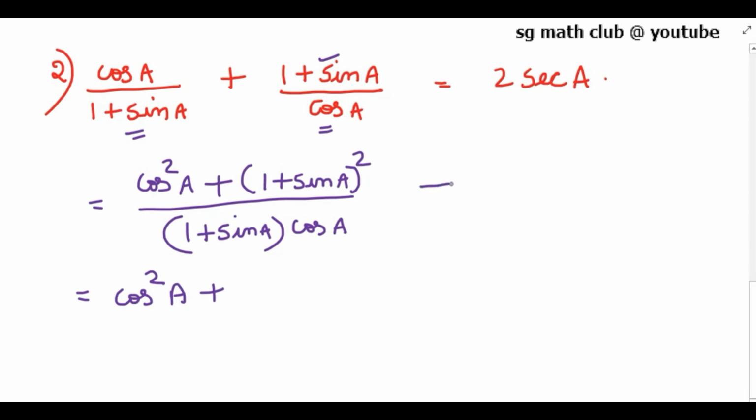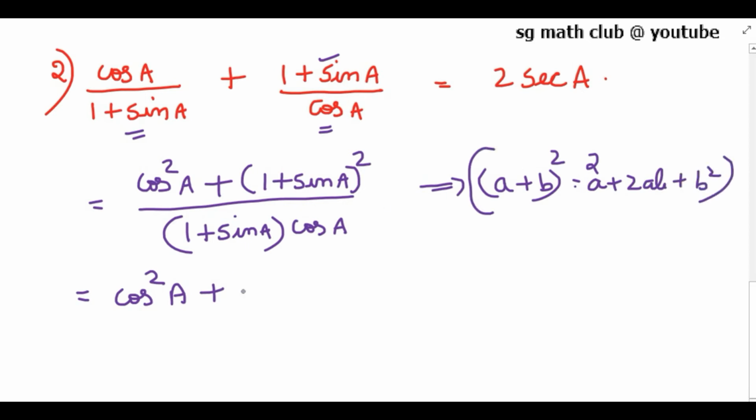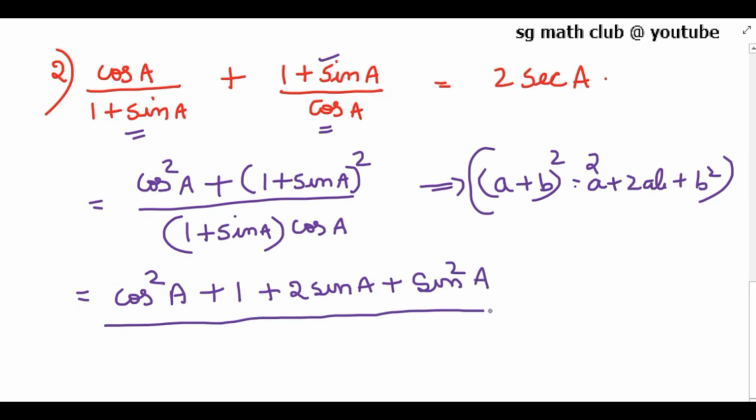I am going to use the identity A plus B the whole square, which is equal to A square plus 2AB plus B square. So the same identity I am going to apply here. 1 plus 2 sin A plus sin square A divided by 1 plus sin A into cos A.